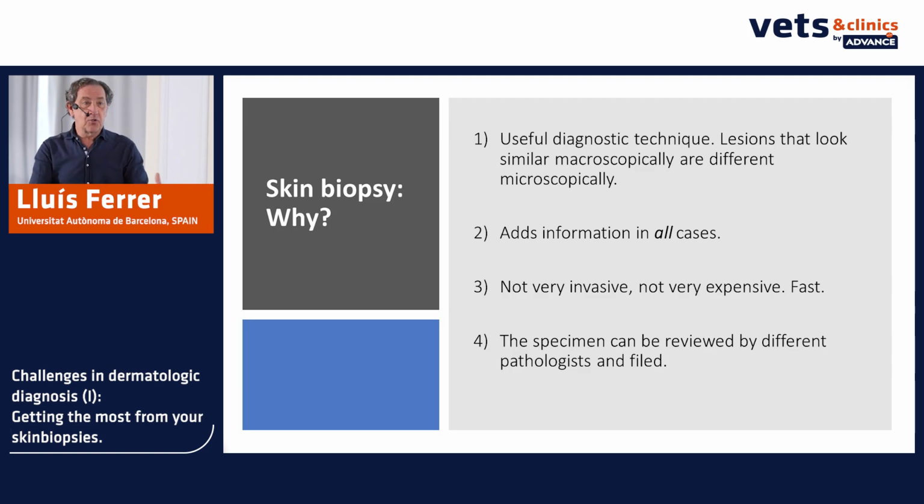You can suspect that the dog has, for instance, sebaceous adenitis, and you take a biopsy to diagnose this. But the report says, no, it's not a case of sebaceous adenitis. Simply, it's a perivascular dermatitis that we see in allergic dermatitis. So in all cases the biopsy will help you, even to rule out things, and give you the information that it is completely normal skin.